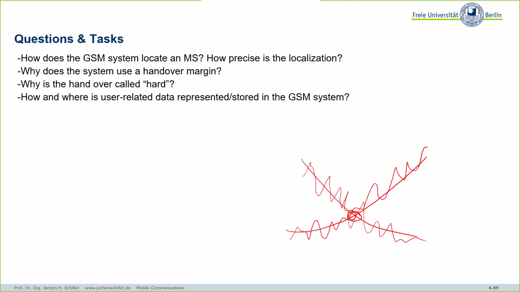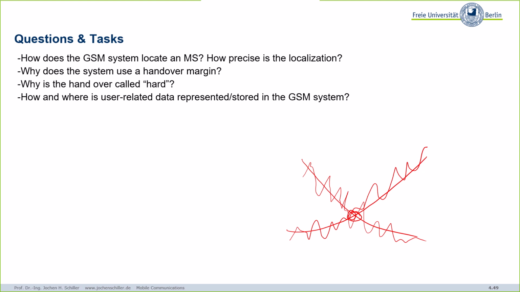So if you look at the mobile terminated call, also the mobile originated call, but also the handover procedure, there are some more entities, not only the HLR and VLR, where you can find some more information about devices and about users.